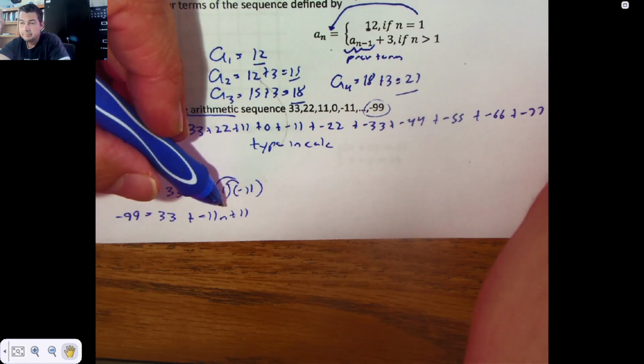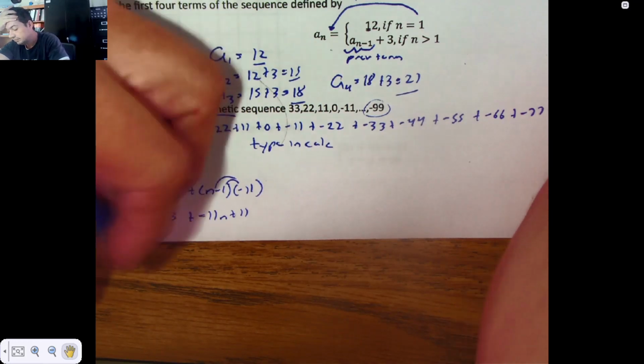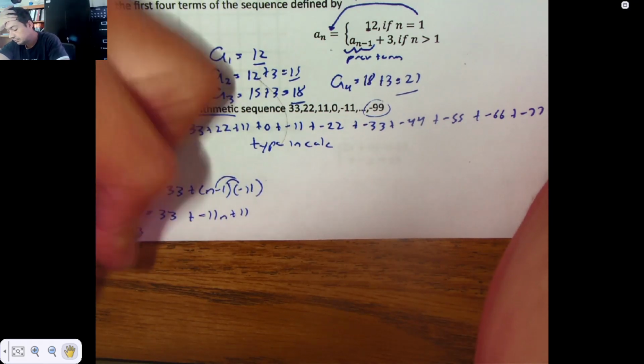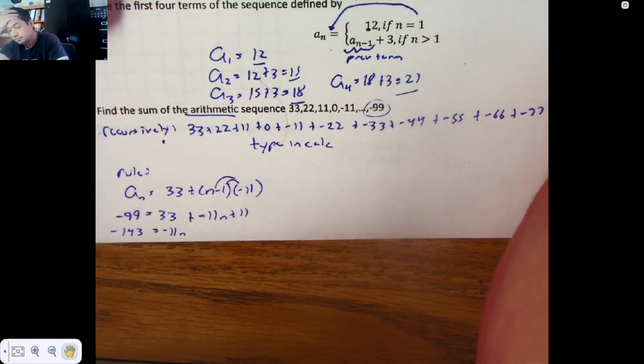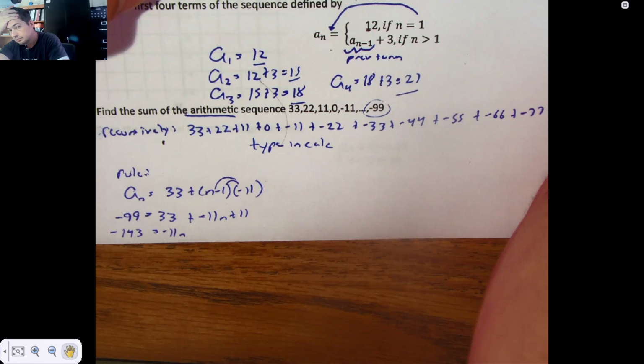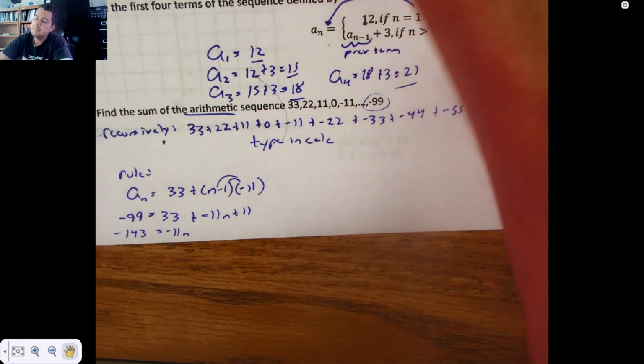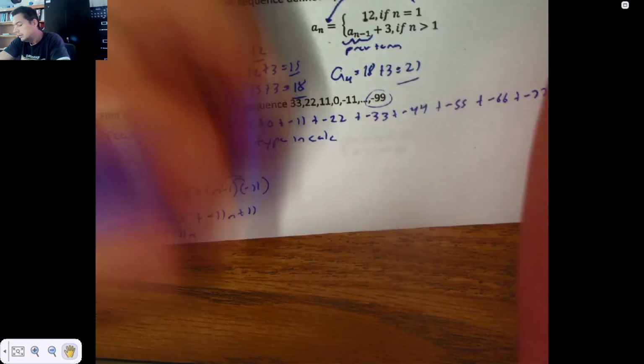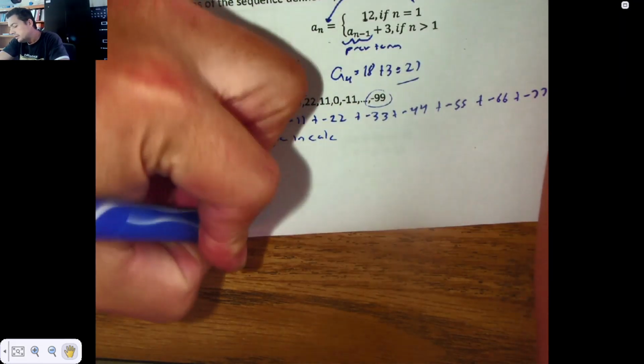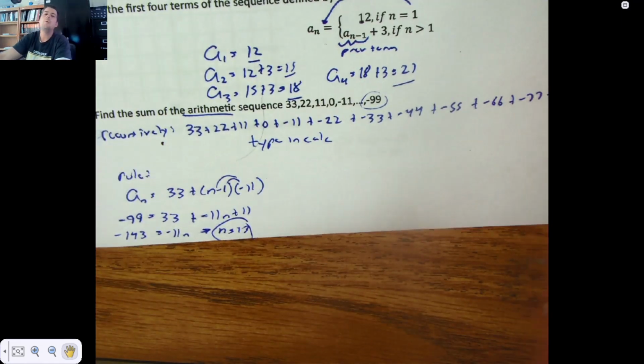Negative 99 minus 44 is negative 143. Sorry, I had a brain fart. Well, that tells me that it has 13. There's 13 terms.